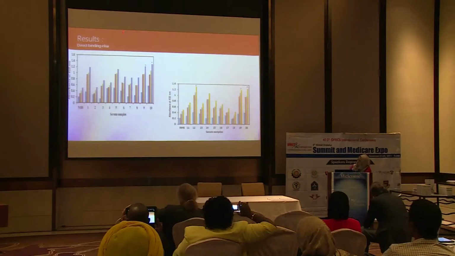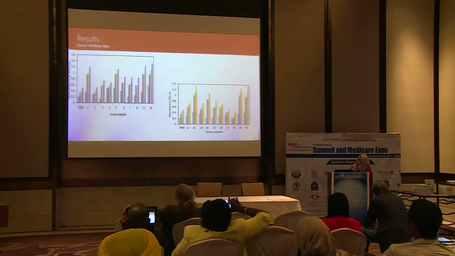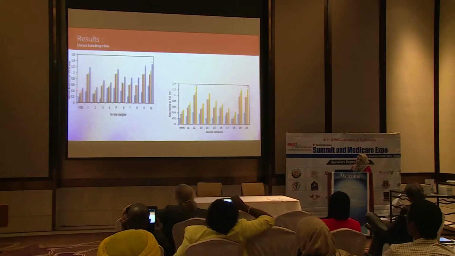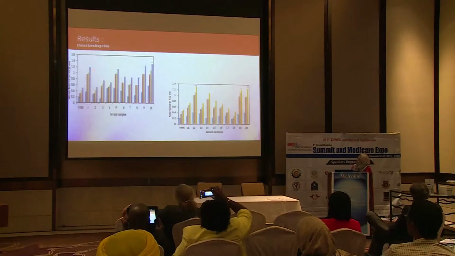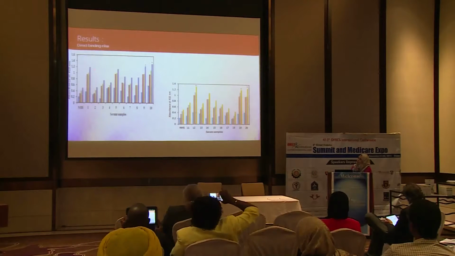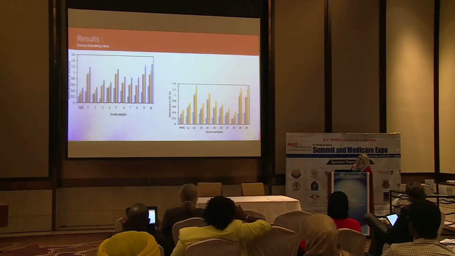We did the direct binding ELISA with native protein, hydroxyl modified protein, methylglyoxal modified protein, as well as hydroxyl and methylglyoxal modified protein. We found enhanced binding of the sera samples with the antigen. Highest binding was with the methylglyoxal hydroxyl radical modified antigen.